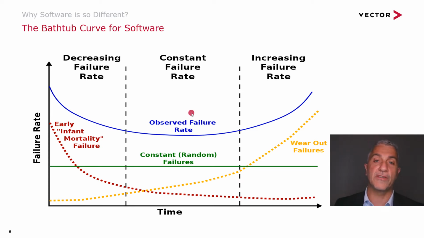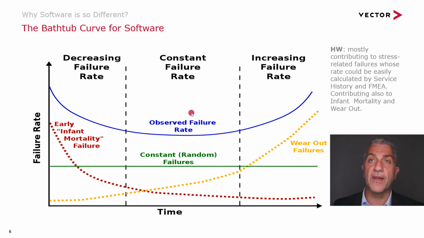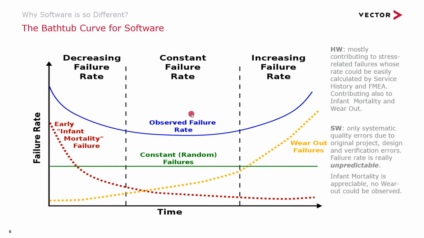But what about the software? The software is something that is subject especially or almost only to systematic quality errors that are in the original project, in the original design, and they were missed by the verification activities, and the failure rate is really unpredictable.